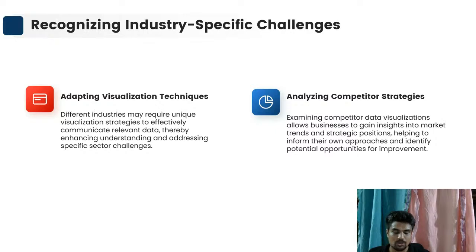When you compare these two dashboards, you can understand why this particular pie chart is used in the competitor's dashboard and not in my dashboard. Why we ignored it, or why they have used it, or why they have gone for the other one. All these things you can analyze, and you can understand the proper industrial challenges. Then you can create a dashboard in a very short span of time.